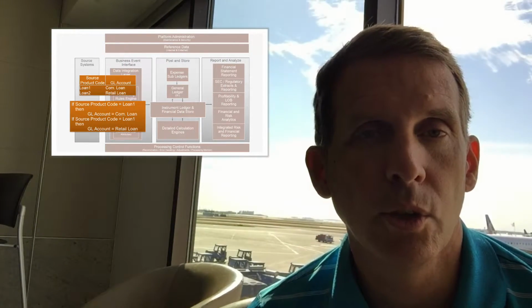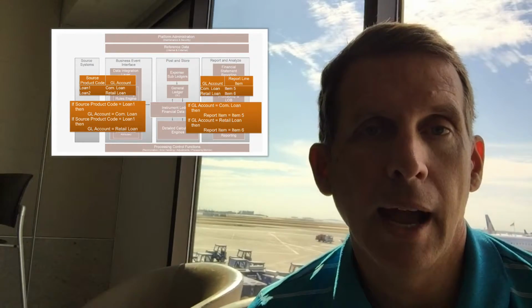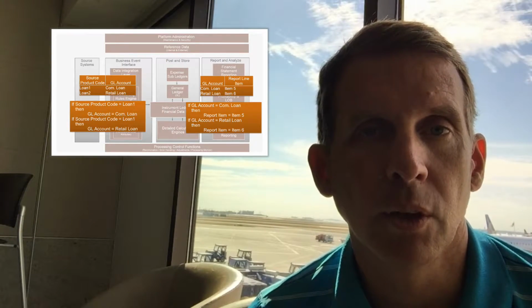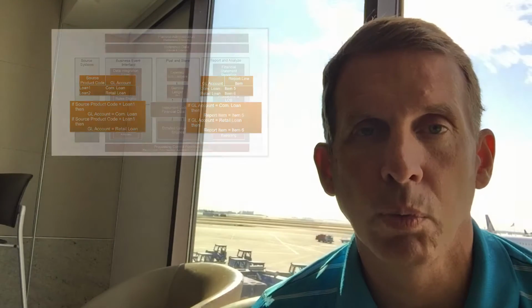Usually the targets are used as source values for outbound rules from the platform because we take and develop extracts, reports, different kinds. We use the chart of account elements to do a lot of that outbound. And again, the same thing there.